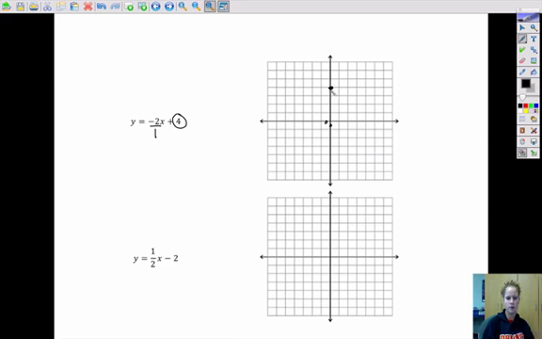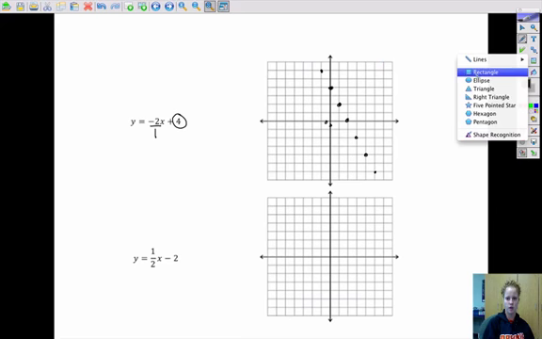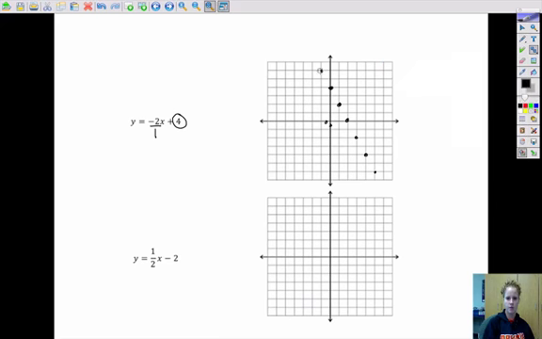So from my y-intercept, I'm going to go down 2, over 1, and follow that pattern, down 2 over 1, continuing it all the way through. I'm also going to continue it backwards this way. Then I'm going to draw a line that has arrows on both ends all the way through my graph.